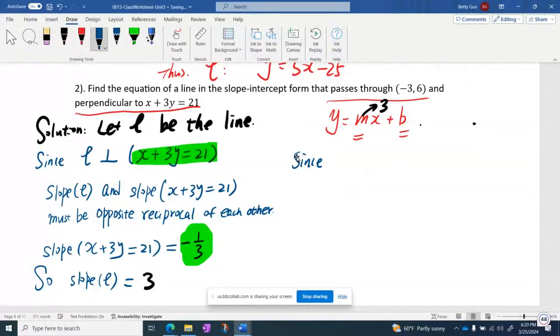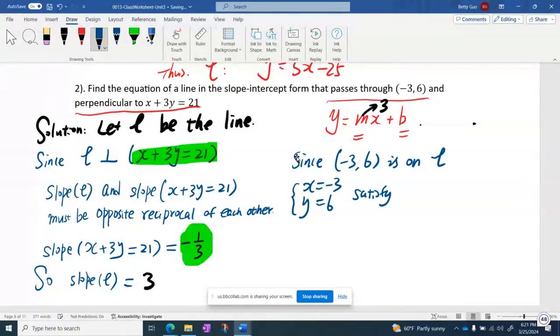Since (93, 6) is on the straight line L, x equals 93, y equals 6. This pair would satisfy the equation y equals 3x plus b. Okay?